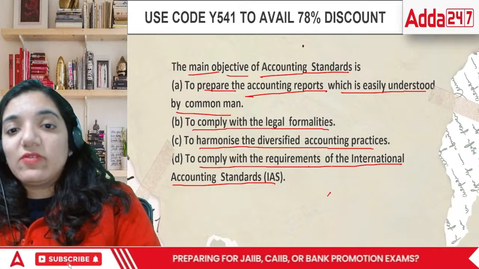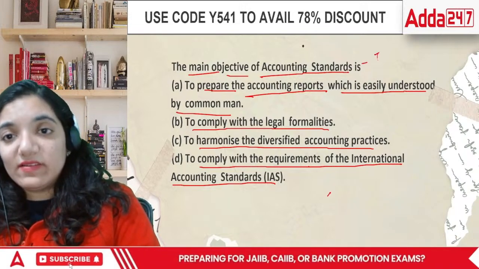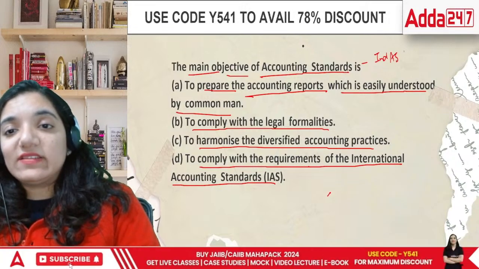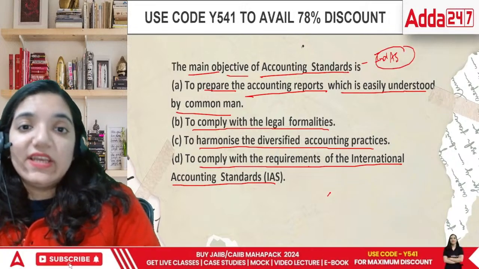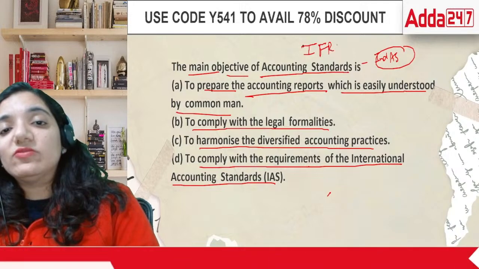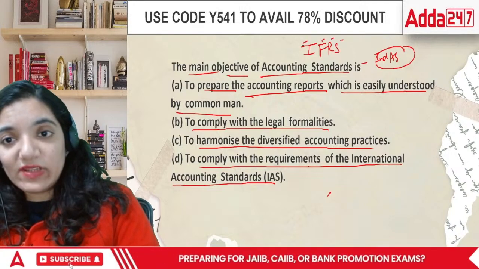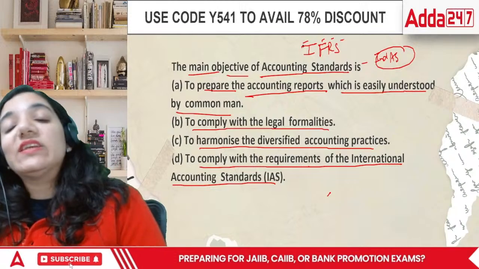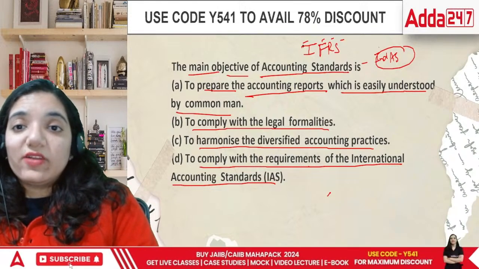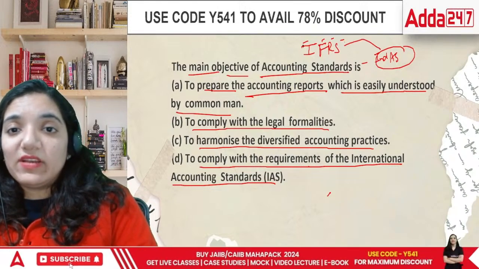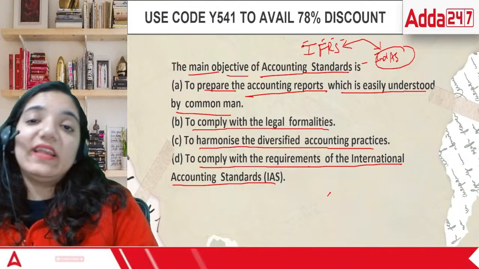That means we are going to have our Indian accounting standards in the same way as the international ones. Internationally, IFRS are used, that is International Financial Reporting Standards. In our country, we are using Ind AS. So we are going to maintain this uniformity in terms of IFRS and Ind AS.